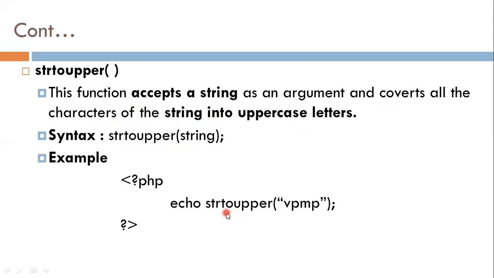Here I write strtoupper in brackets, in double inverted commas, vpmp written in lowercase letters. So this function converts all the characters of the string into uppercase. So my output is VPMP in uppercase letters.